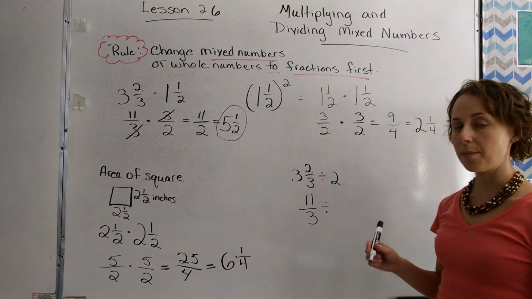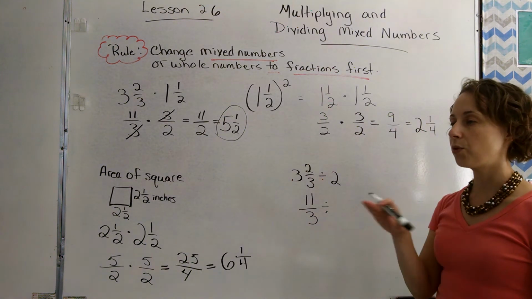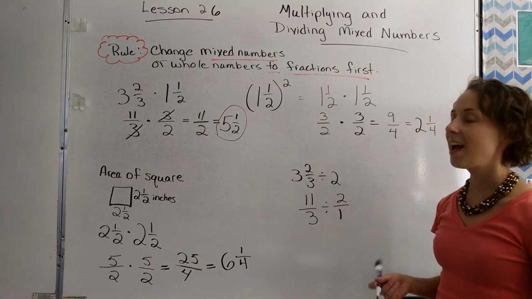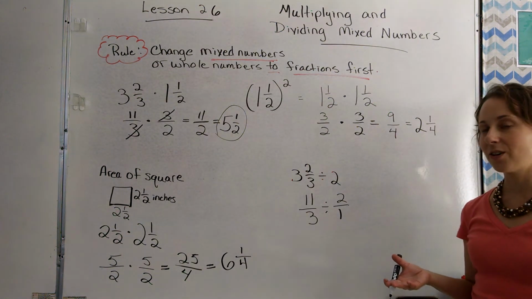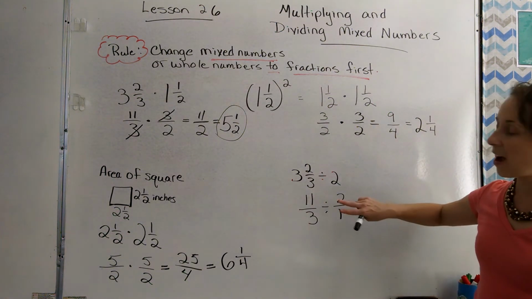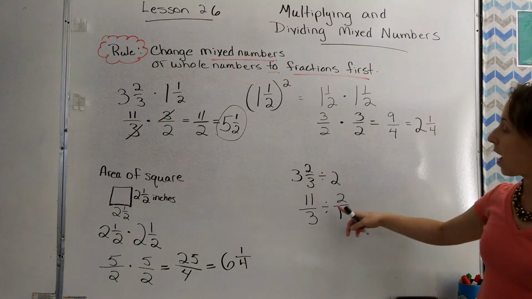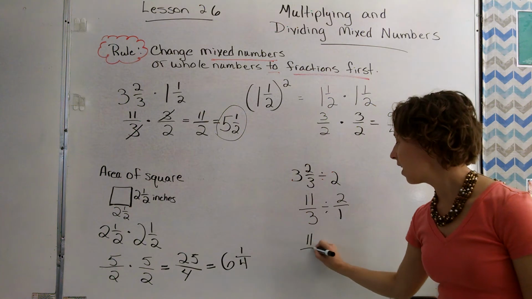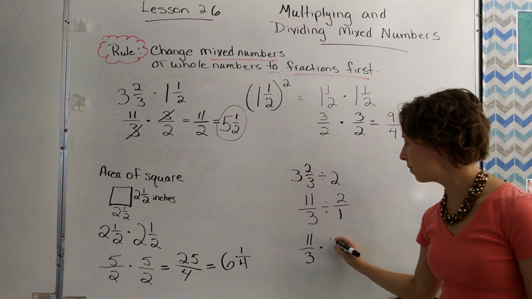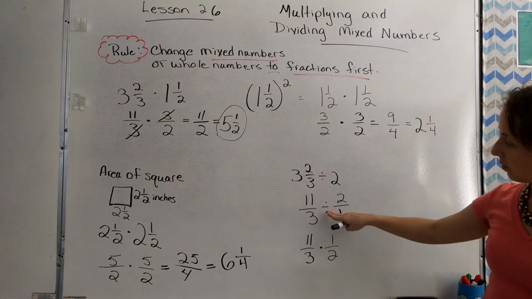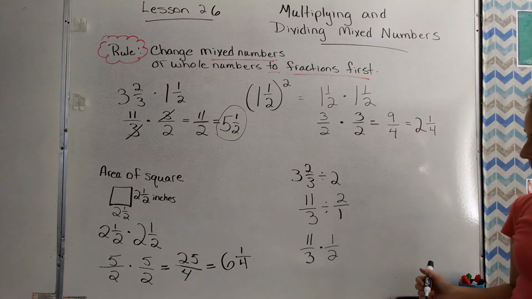To change a whole number into a fraction, you just put it over 1. Now, think back to our lesson that we learned just the other day. When we're dividing by fractions, we take the reciprocal of the second number and we multiply. 11/3 times 1/2. See, we're just taking the reciprocal and we change to multiplication.